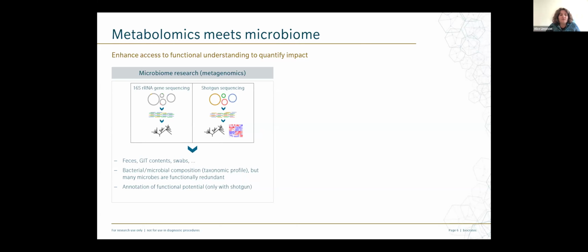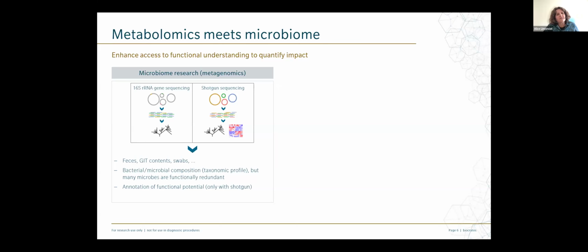And you also get a functional evaluation of what we think is happening based on the genes that are present in this microbial population. So it's one way to look at function of the microbiome, but of course it's a rather indirect way, because as we know, for the host or for animals, it's also true for microbiome.